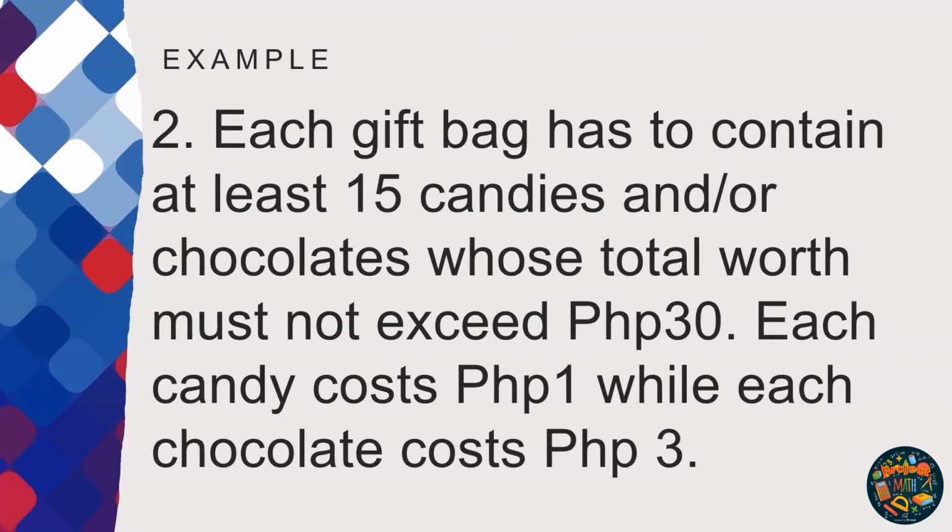Example number 2. Each gift bag has to contain at least 15 candies and or chocolates whose total worth must not exceed 30 pesos. Each candy costs 1 peso, while each chocolate costs 3 pesos.